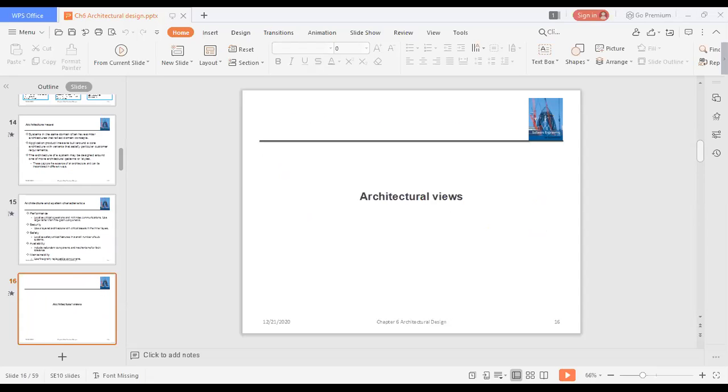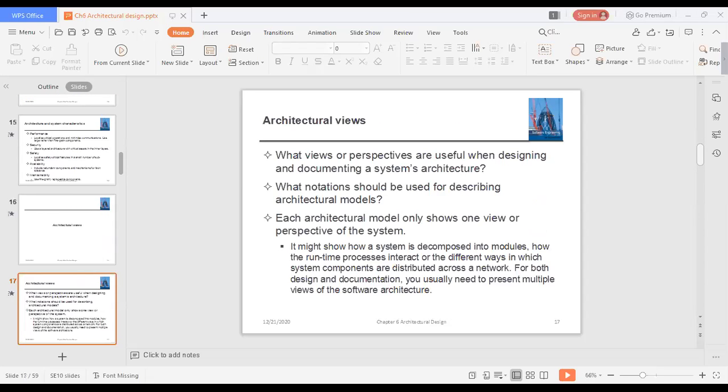Then structural views: how many views can we see, that is called the structural views. What views or representations are useful when designing and documenting a system's architecture? What notations should be used for describing the architectural models? Each architectural model only shows one view or perspective of the system.